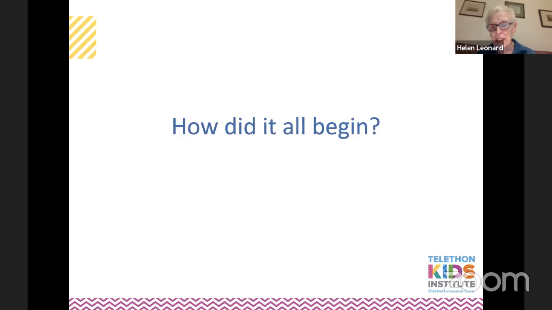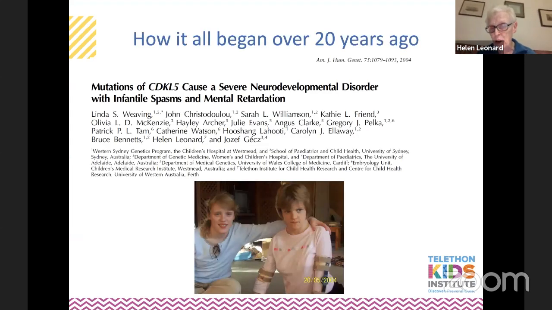Anyway, I'm going back to the beginning now, how I became involved with CDKL5 deficiency disorder, as it now is, almost 25 years ago, when I met the family, the mother of these two twin girls here. The one on the right had been diagnosed as atypical Rett syndrome, early onset seizure variant of Rett syndrome.